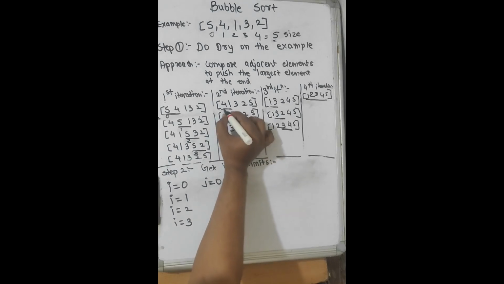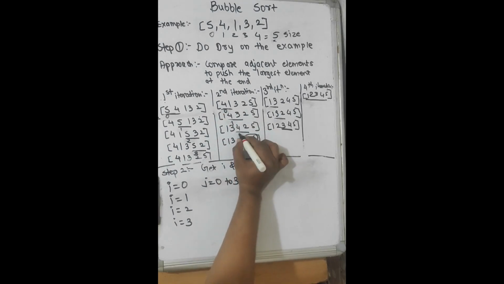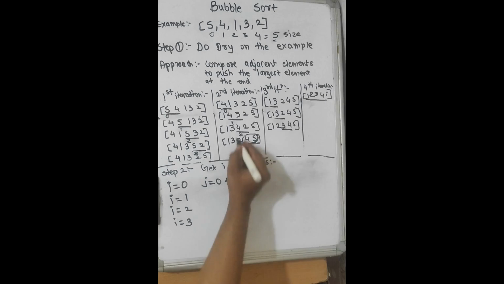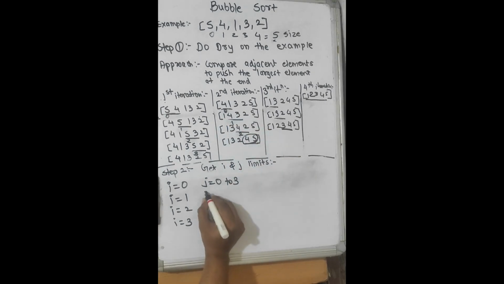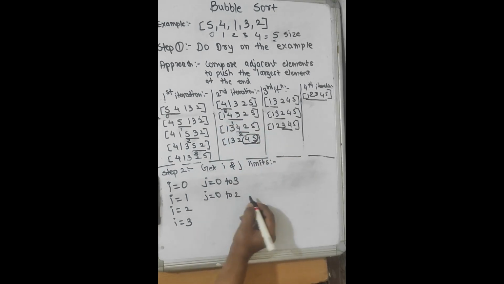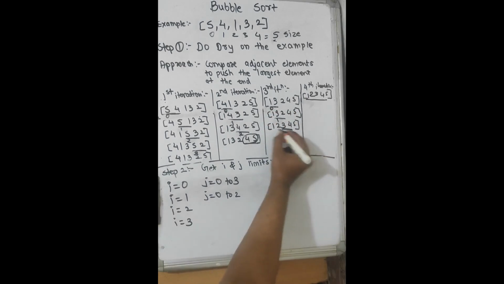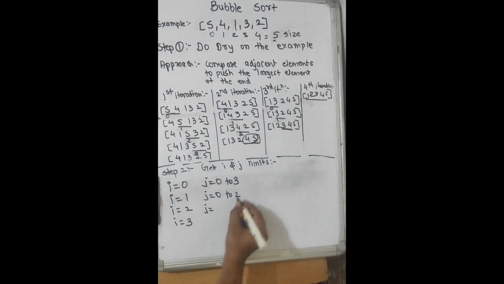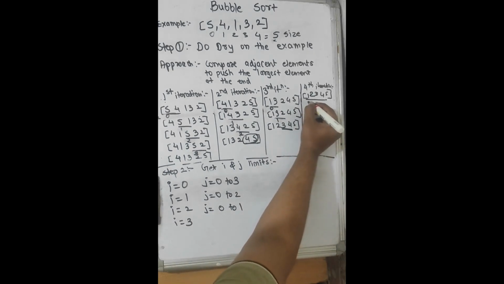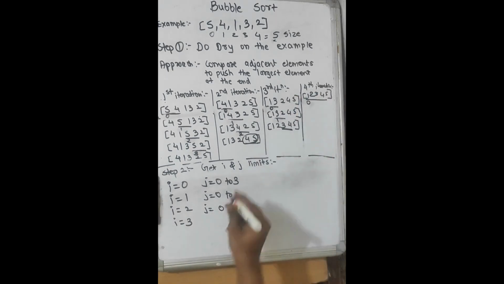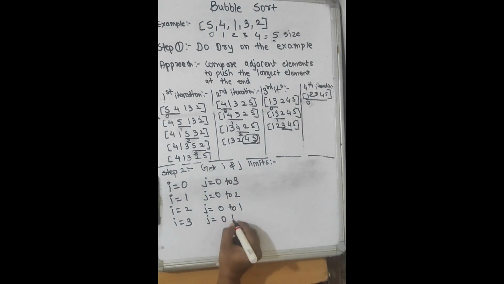Here j will go from 0, 1, 2 and here it is sorted, so 0 till 2. Then here j will go from 0, 1 and it is sorted, so 0 to 1. And here j will go from 0 and it is sorted, so 0 till 0.